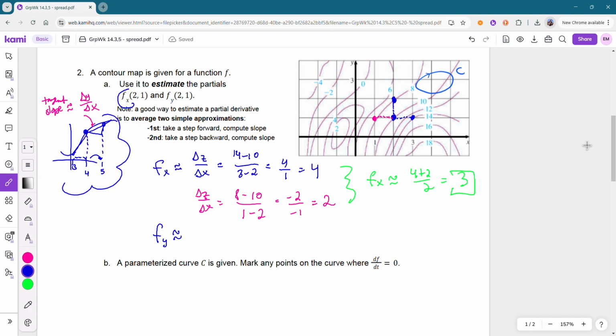So we expect a negative slope. So the change in z over change in y is going to be 8 minus our original, which was 10, over our new y value, which is 2, old one was 1, and so a slope of -2 is what we're getting.